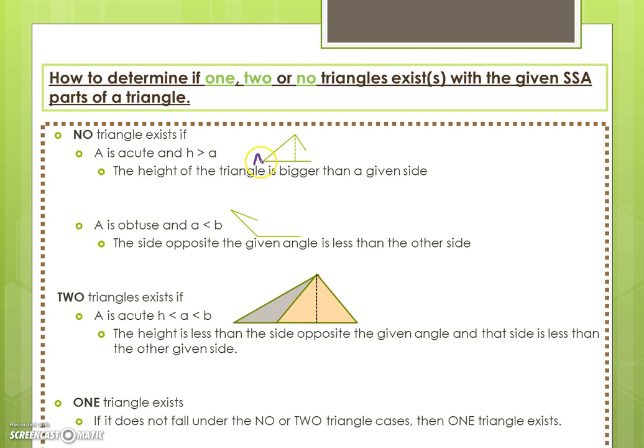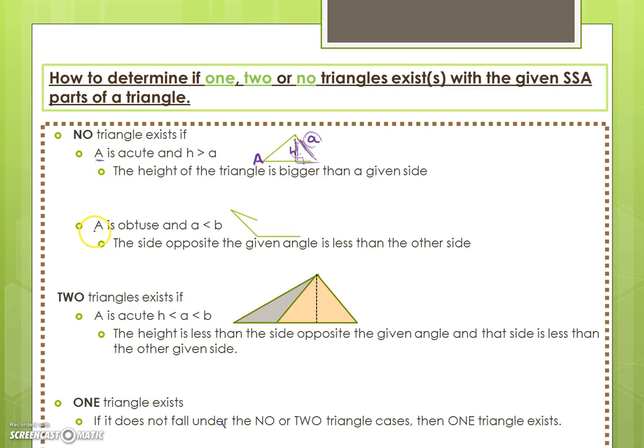So if your given angle is here and it's acute, and you have the height of your triangle, which we're always going to drop down as a perpendicular, and we're given this opposite side A. If your height is bigger than the opposite side of the given angle, so if H is bigger than A, then no triangle is going to exist, because you have this right triangle made with the height, and this side A is the hypotenuse of this little right triangle, and the hypotenuse has to be longer than the height. So if H is bigger than A, then no triangle is going to occur. And that's when A is acute.